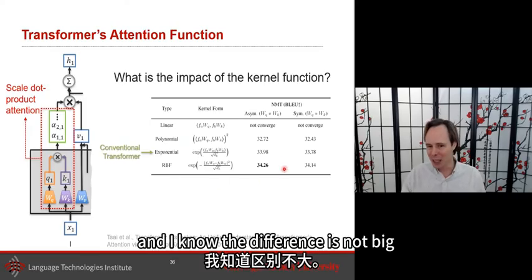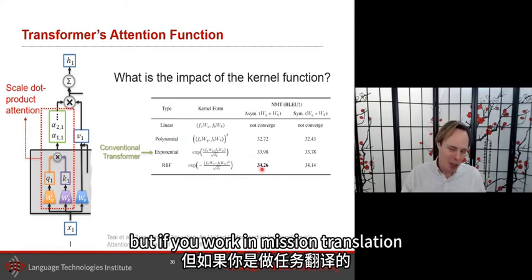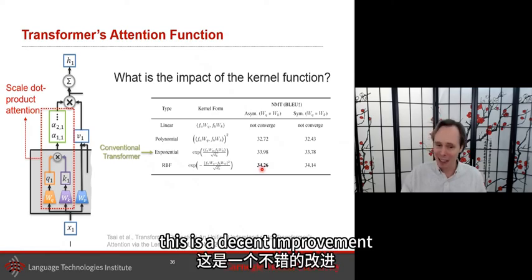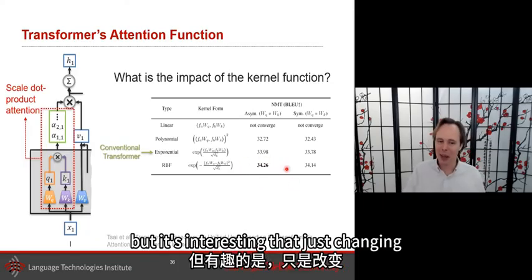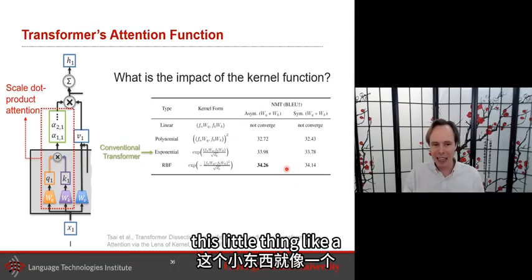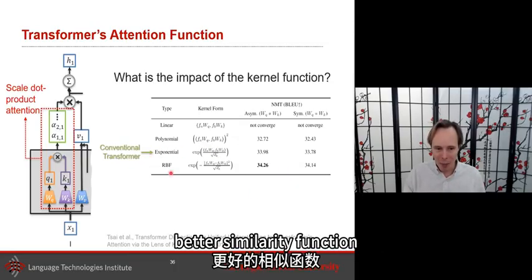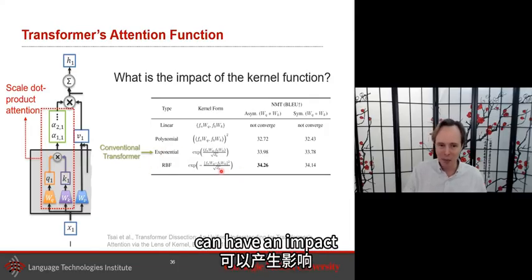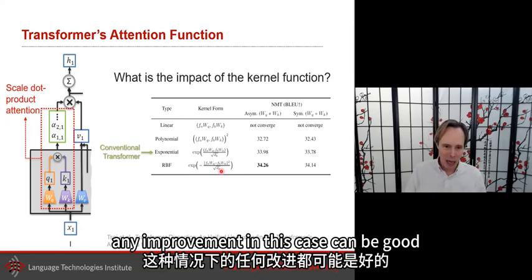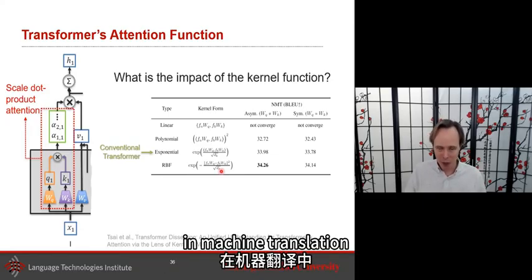I know the difference is not big, but if you work in machine translation, you will say this is a decent improvement. It's not world changing, but it's interesting that just changing this little thing, like a different similarity function, can have an impact and improvement. Any improvement in this case can be good in machine translation.